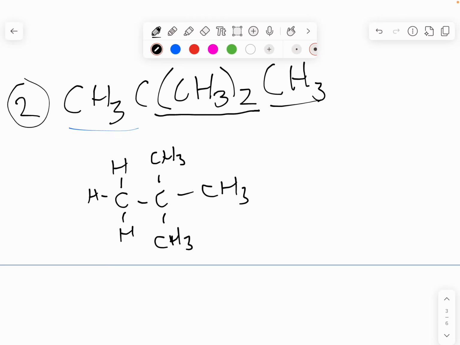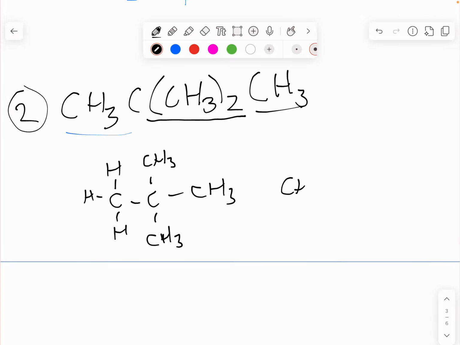Yeah. And let us try to name this one. There's actually another way we could draw this, you know. We could do it CH3, C, CH3, CH3, CH3. And I know they look like alkyl groups, but they're really not. You have to remember, identify your longest continuous carbon chain.